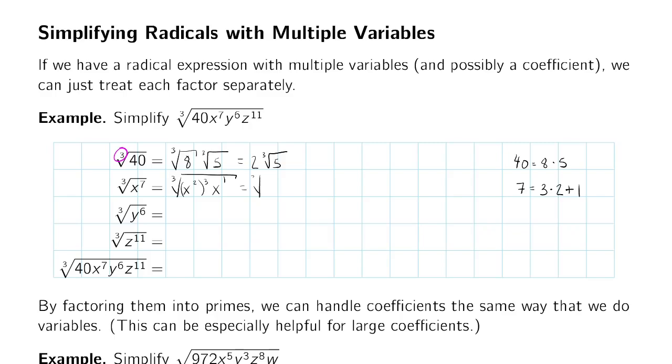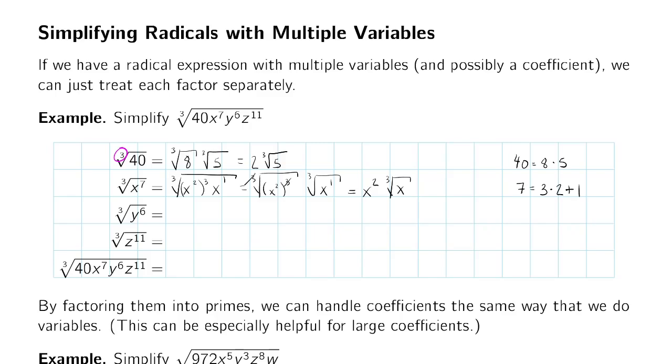That's the third root of x squared to the third times the third root of x to the 1. Third power and the third root cancel out, and we've got x squared times the third root of just x. Right, x to the power 1 is just x.